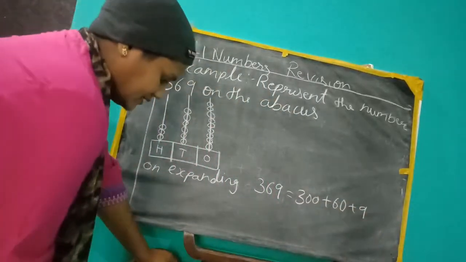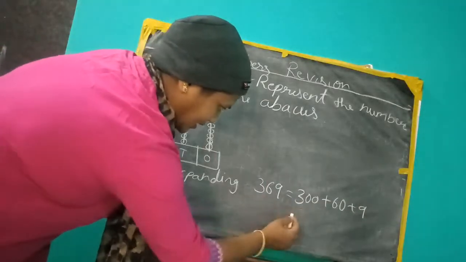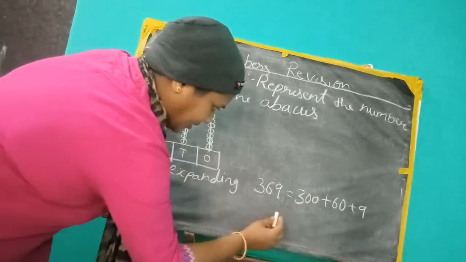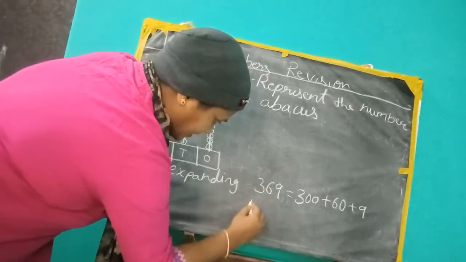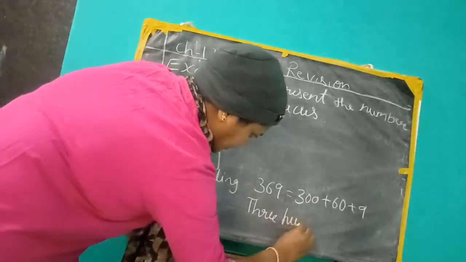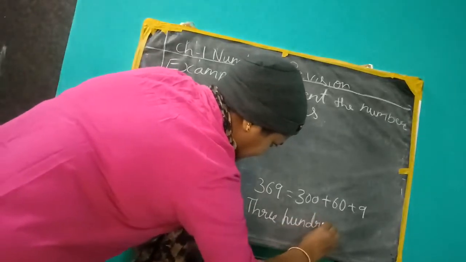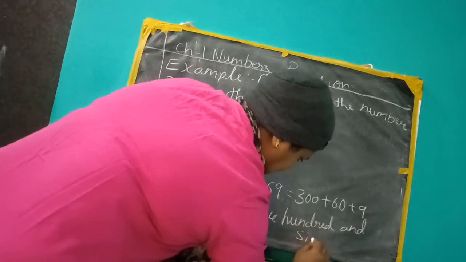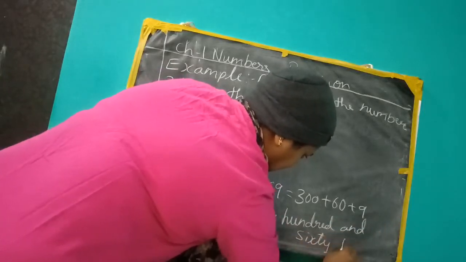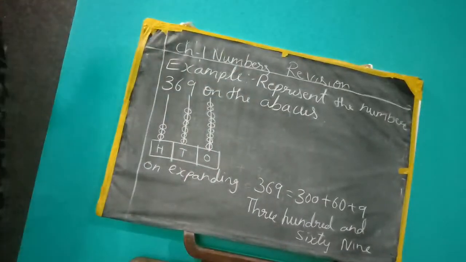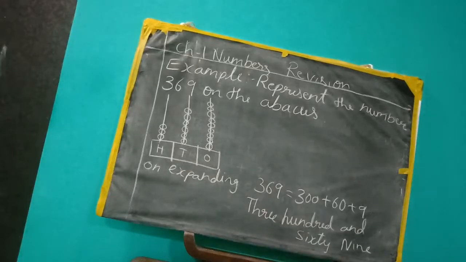Now the number name: 300 and 69. Understood? Right. Write it in the classwork.